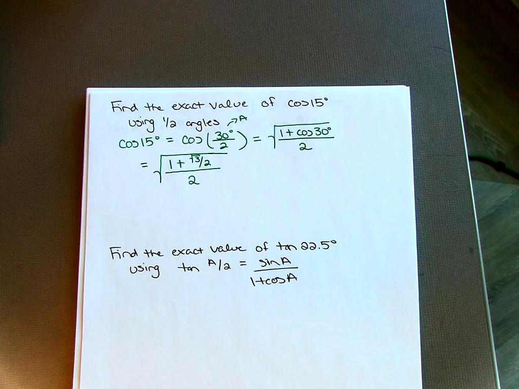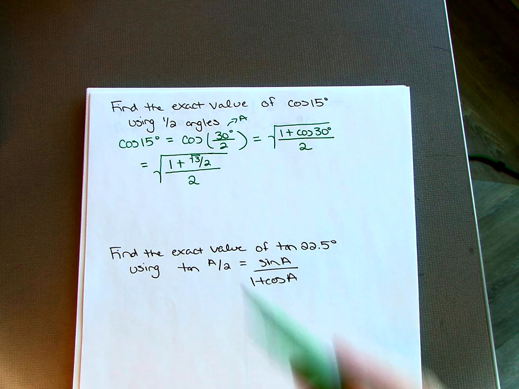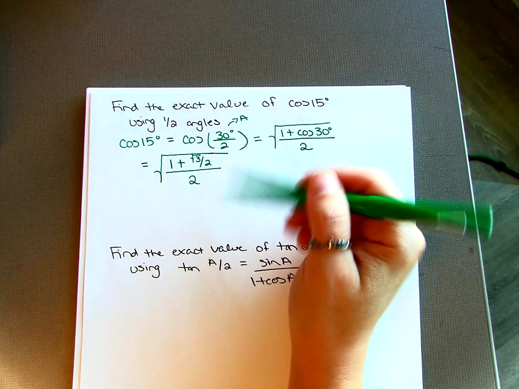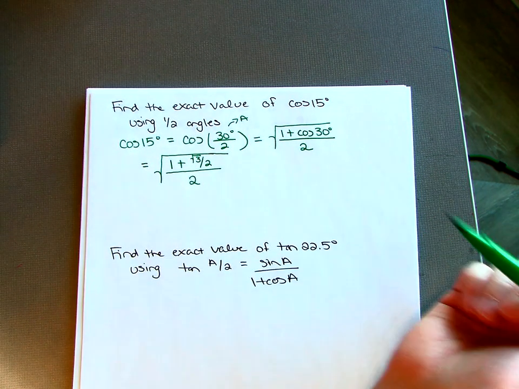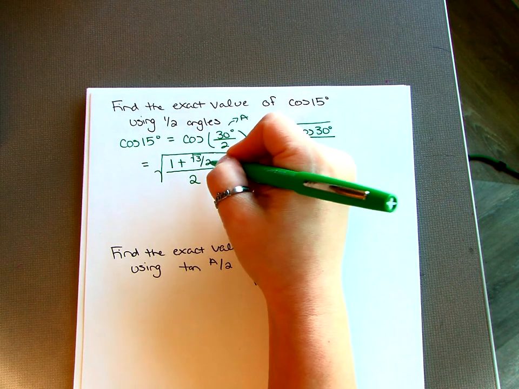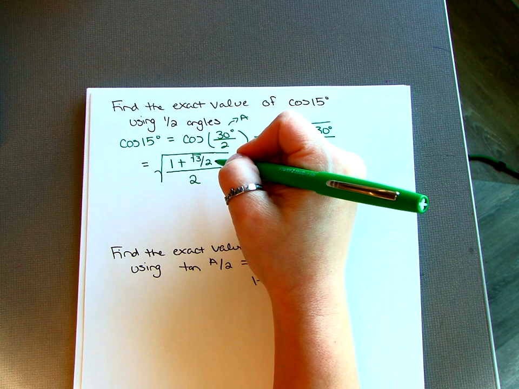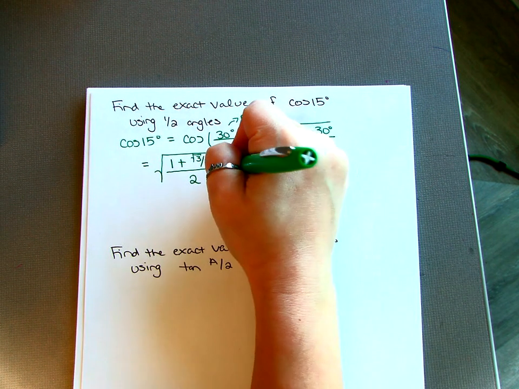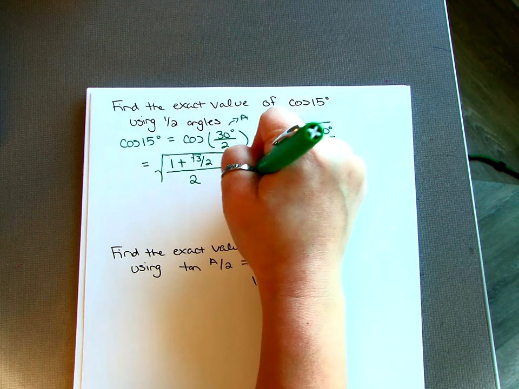Now, at this point, I've got all kinds of wonky stuff going on. I've got a fraction and a fraction, I've got a radical and a radical, and I've got a radical in the denominator, and all of that stuff causes lots of problems. So first I'm going to get rid of the fraction and a fraction situation that's going on up here in the top. And to do that, I would multiply the top and the bottom by 2.